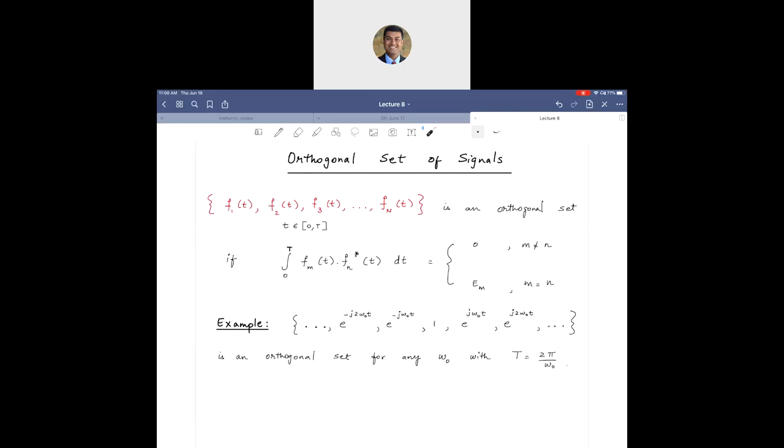The property is, if you find the inner product of fm of t, which is any one of these signals, with another signal from the same set but with a complex conjugate. So this asterisk is indicating complex conjugate.